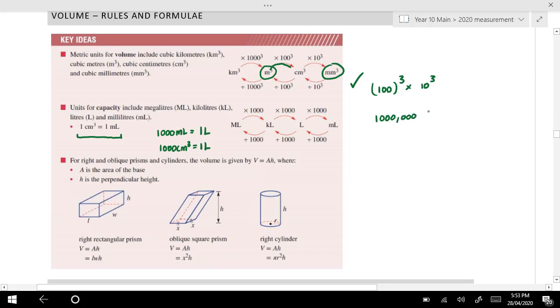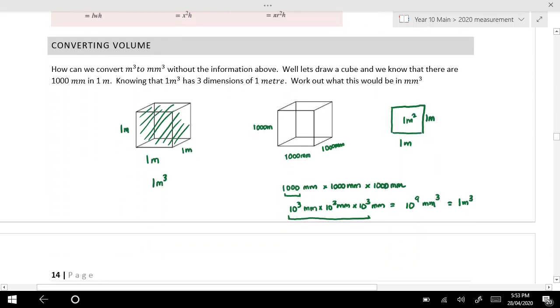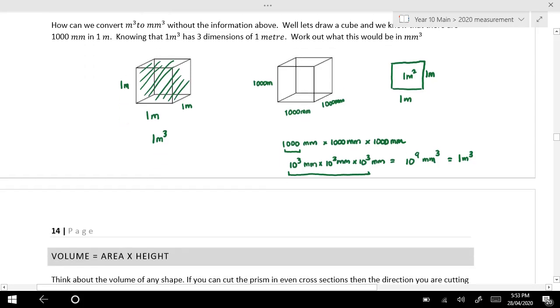Then we're timesing that by 10 cubed, which is timesing by 1,000. 1 million times 1,000 is 1 billion. As you can see, you've got 1, 2, 3, 4, 5, 6, 7, 8, 9. You can break it up like this, but we've already worked that out, haven't we? We've got 10 to the power of 9 millimeters cubed in 1 meter cubed. That's a useful thing to do if you're converting volume, but feel free to use the table.